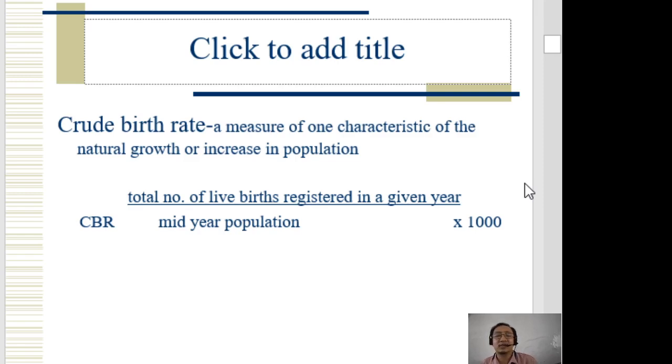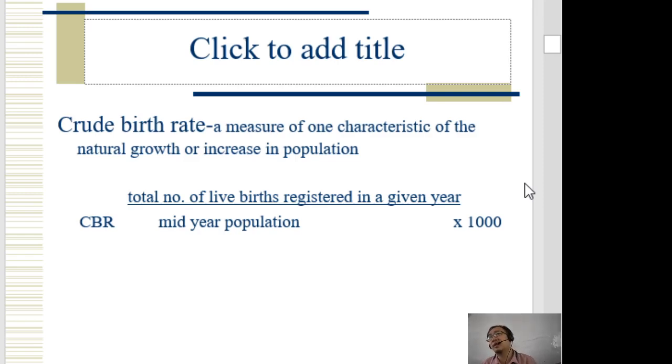Another factor that affects crude birth rate is the sex and age composition, and even birth registration. Birth registration means how accurate the registrations are, how accurate the data of registration in a certain census or registry is.